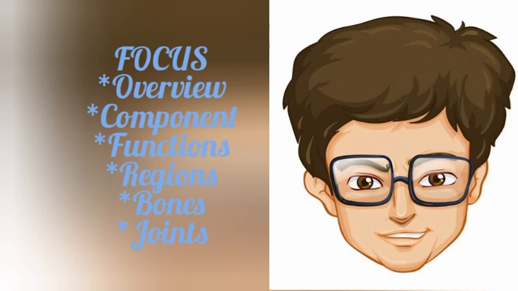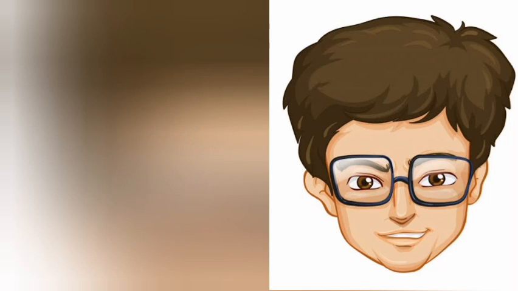We'll discuss the bones, after which we'll discuss the joints existing between the bones, after which we are going to discuss the specialties involved in studying the gross anatomy of the head. Now, we are going to start with the overview.